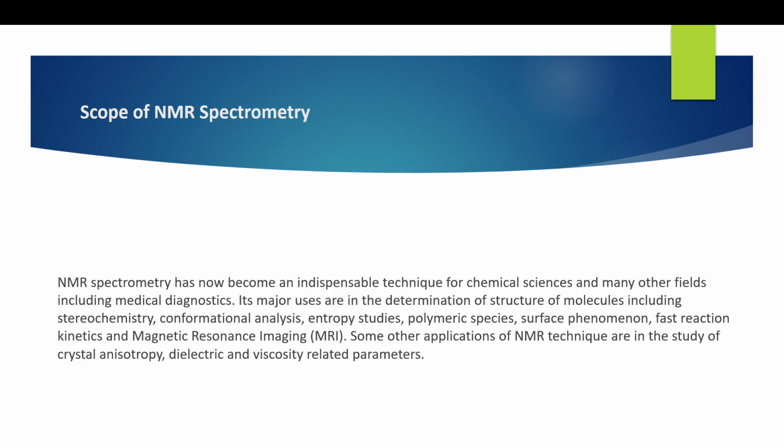Scope of NMR spectrometry. In chemistry, any branch of science which uses chemicals, NMR is there. And the technique is so important, so indispensable, that if some problem has not been studied by NMR, we can say there is something yet to be studied.